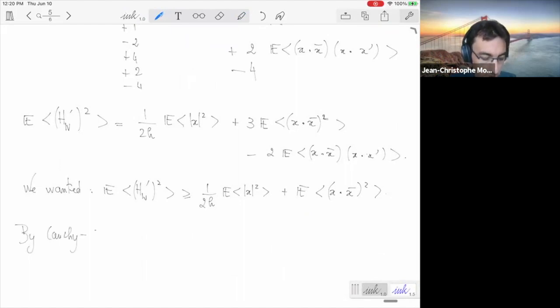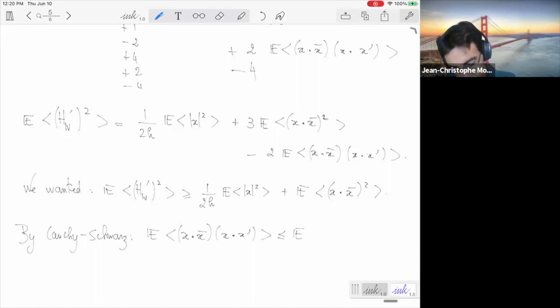So by Cauchy-Schwarz and the Nishimori property again. Okay, and that's the end of the proof.